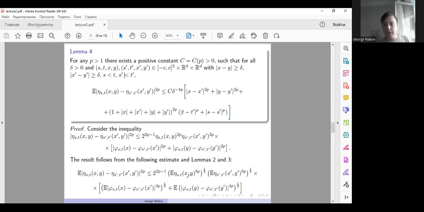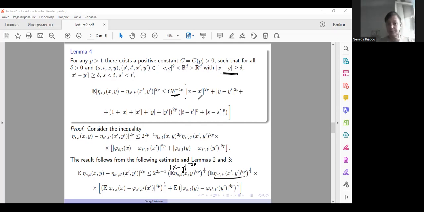Here we have the estimate of x minus y to the power minus 2p, because eta is 1 over the increment of phi. Since x and y are separated by delta, this is less than delta to the power minus 2p. This is also less than delta to the power minus 2p, which gives us this factor.